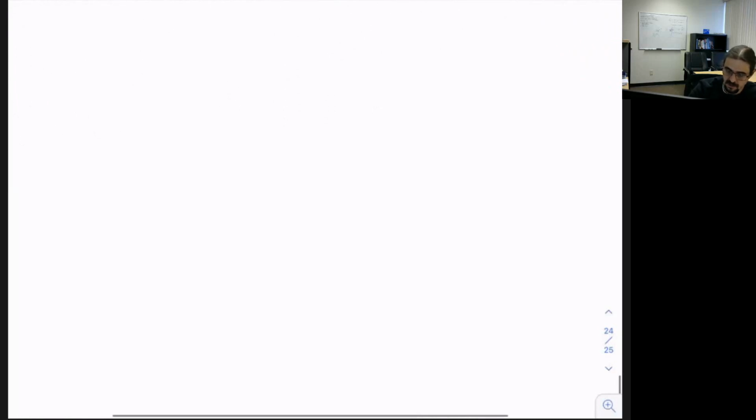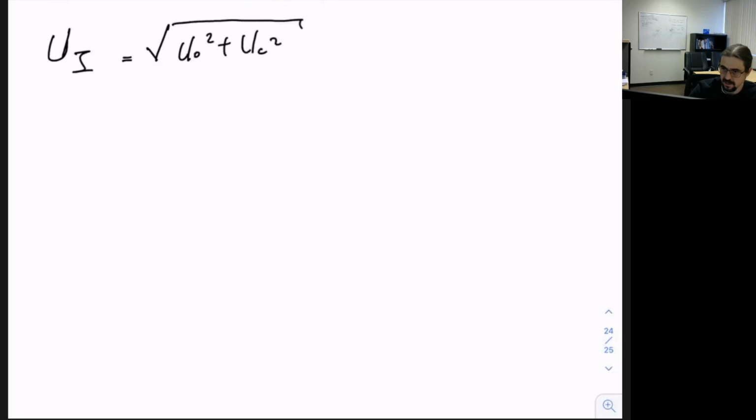So the uncertainty of the multimeter is defined as the square root of U0 squared plus UC squared. U0 is only half of the resolution, which is 1/2 times 0.1, so it's going to be 0.05 amps.